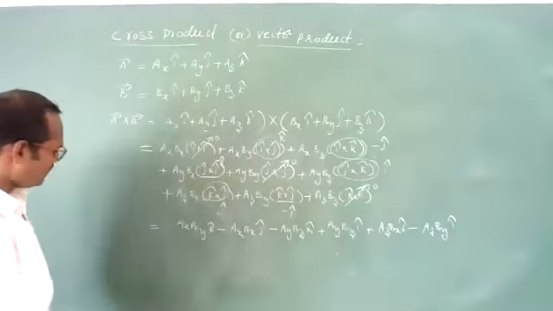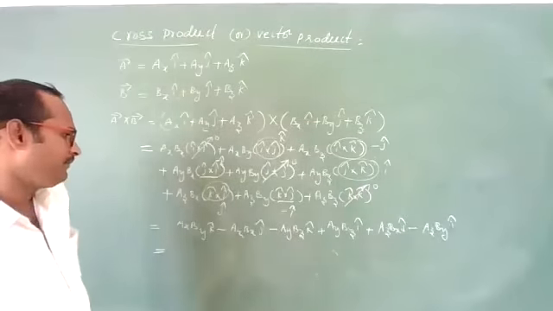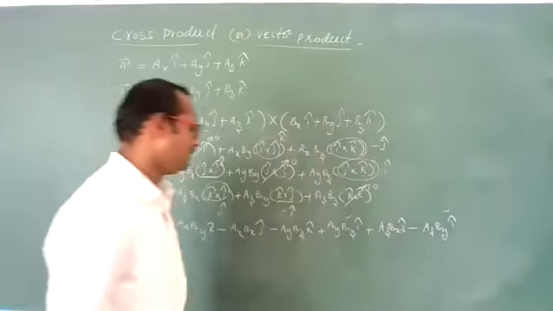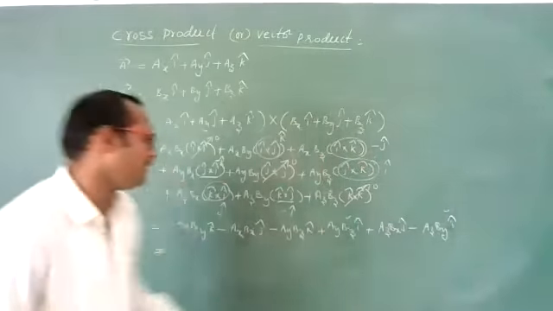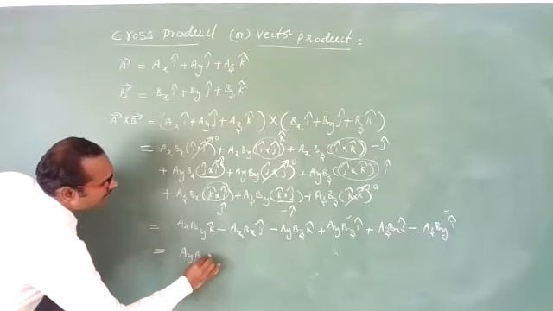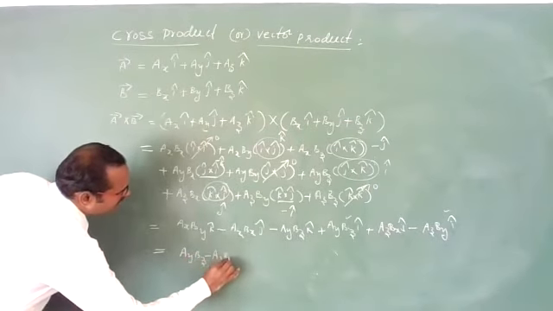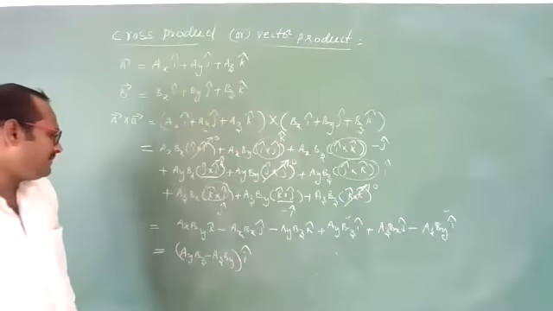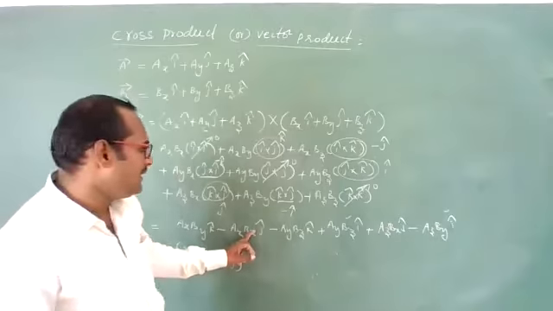Yes. Now where I cap is there? I cap is there here and I cap is there here. So from these two, take I cap common, you will get AyBz minus AzBy into I cap. Next, where J cap is there? Here and here.